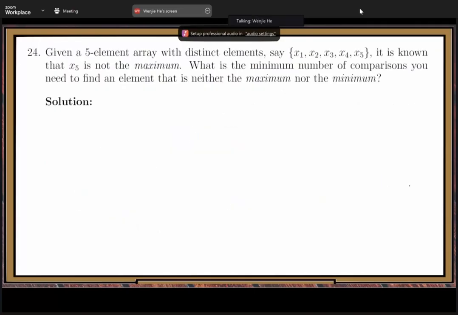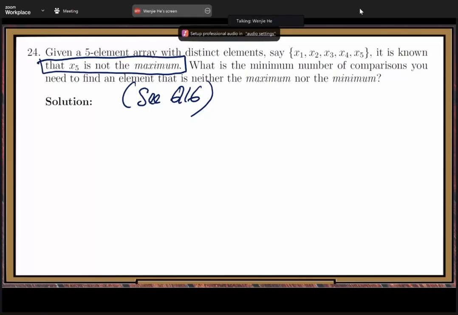Number 24, similar, close to question number 16. If you compare this question, you have an extra condition. This condition is the extra condition, 5. That one is 7. We know 7 and 5, not too much difference.